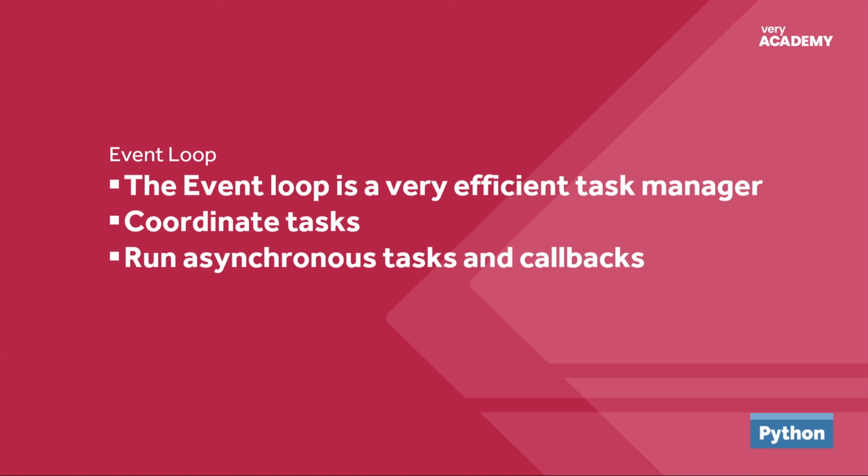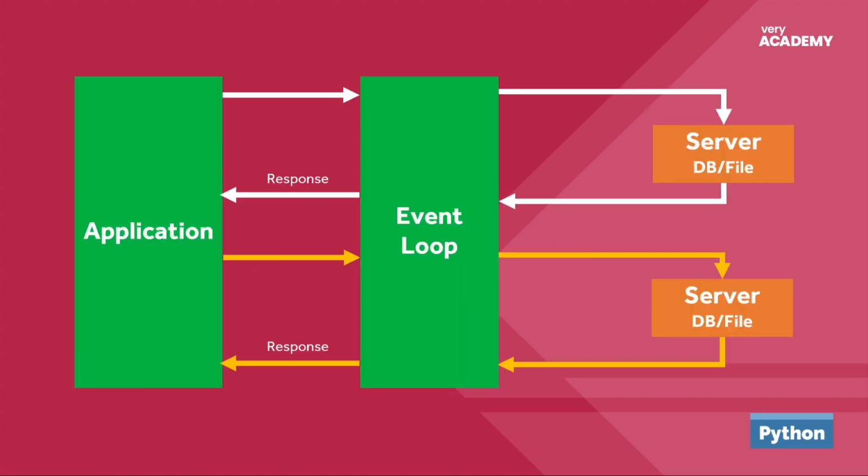So it runs asynchronous tasks and callbacks and coordinates the tasks. Put into a picture, our application sends a request, or starts a coroutine. The event loop manages that coroutine, sends a request to the server, and then we get the reply, and the event loop deals with that reply, which goes back into our application so we can perform some actions.